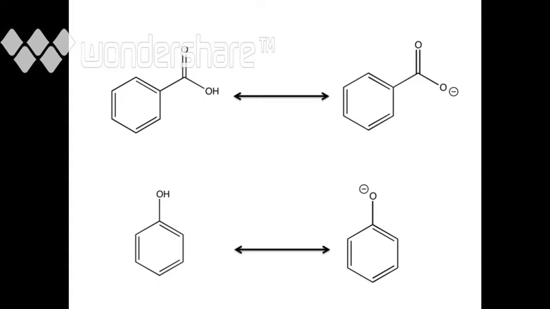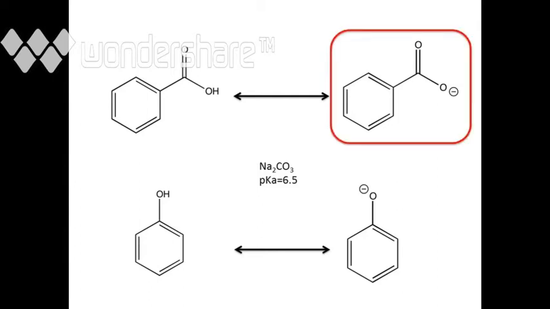Now imagine if we used a weaker base, so sodium carbonate, something that has a pKa of 6.5. Since this pKa lies in between the pKa of benzoic acid and phenol, one of them, the benzoic acid, will be deprotonated by this weak base. But the other one, phenol, will not be deprotonated.